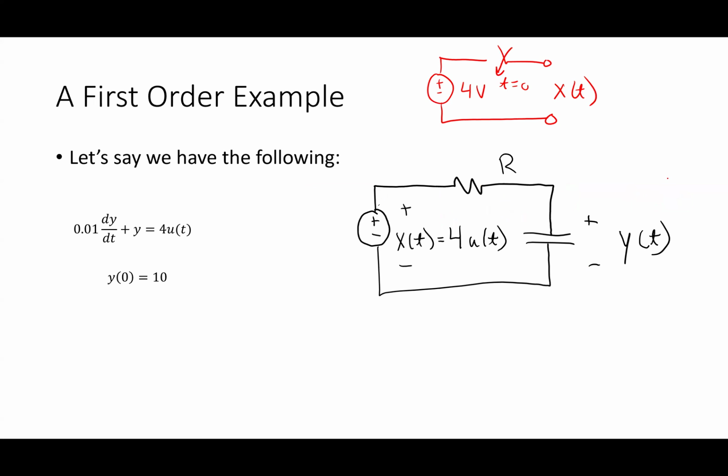This was a 4-volt source, and I waited long enough. What would the voltage be on that capacitor? Minus the voltage on the resistor. That's correct in general. But if I waited long enough, what's got to be true about the voltage on that capacitor?